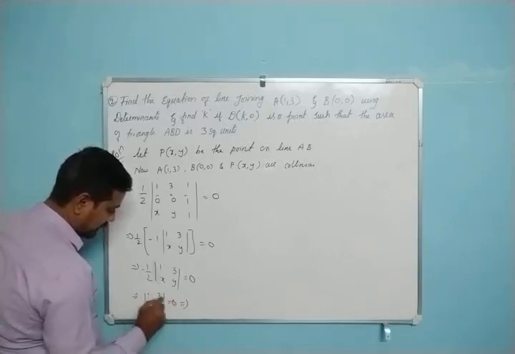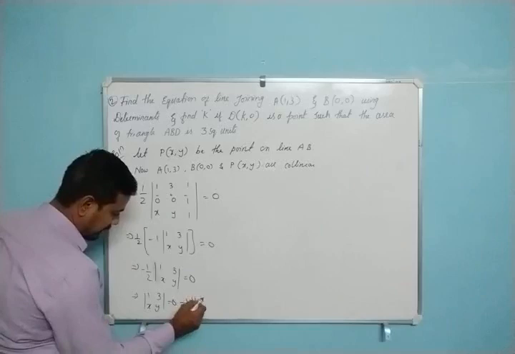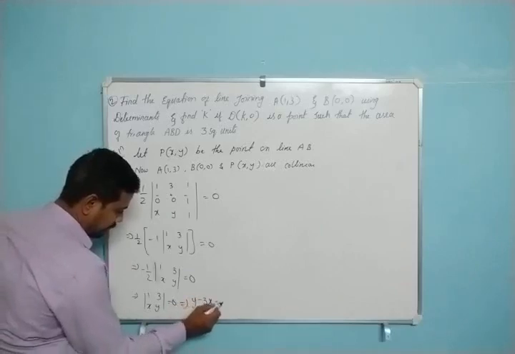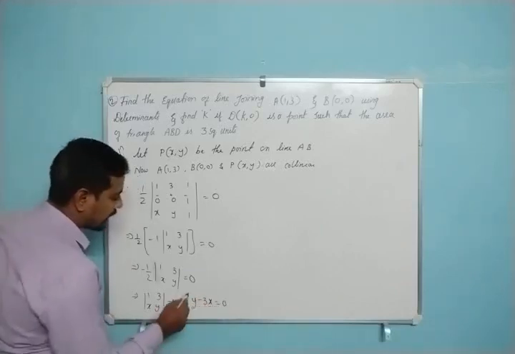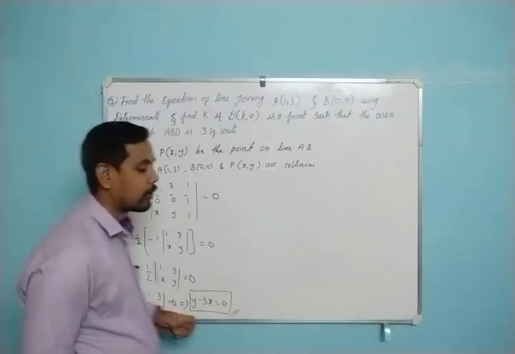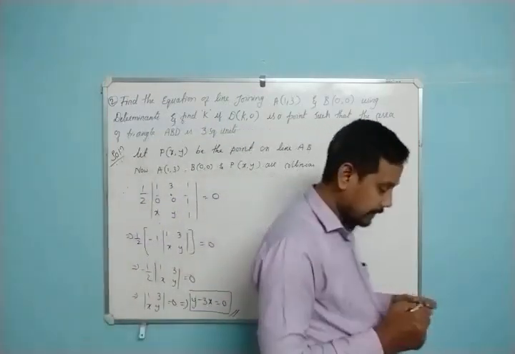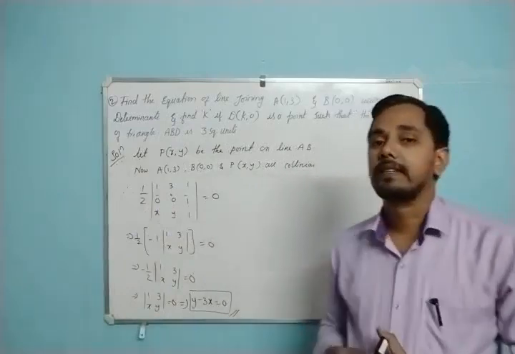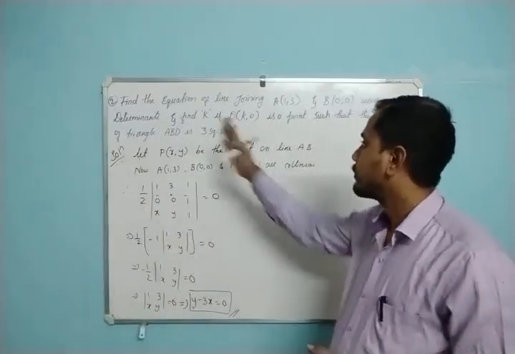So this implies y minus 3x is equal to 0. This is the equation of the straight line, y minus 3x is equal to 0. So this is the first part.